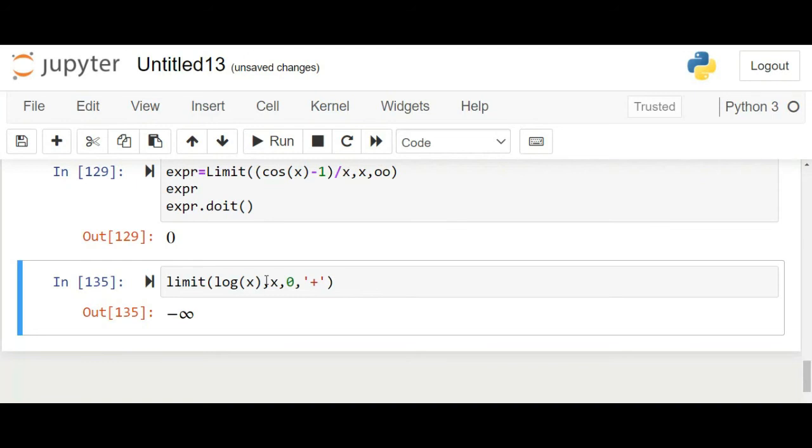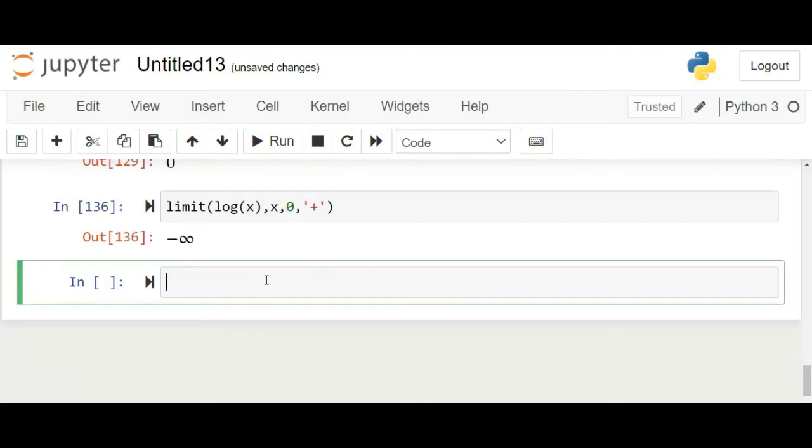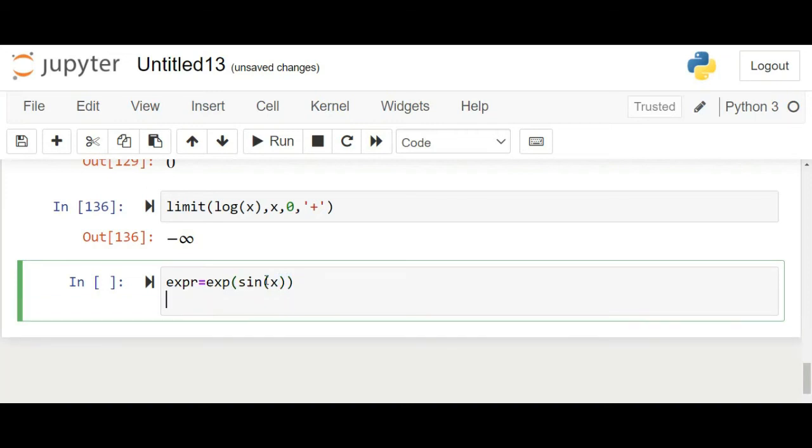Again, we are talking about SymPy, the Python library. expr equals exponential into sine of x divided by, expr dot series, x comma 0 comma 4.